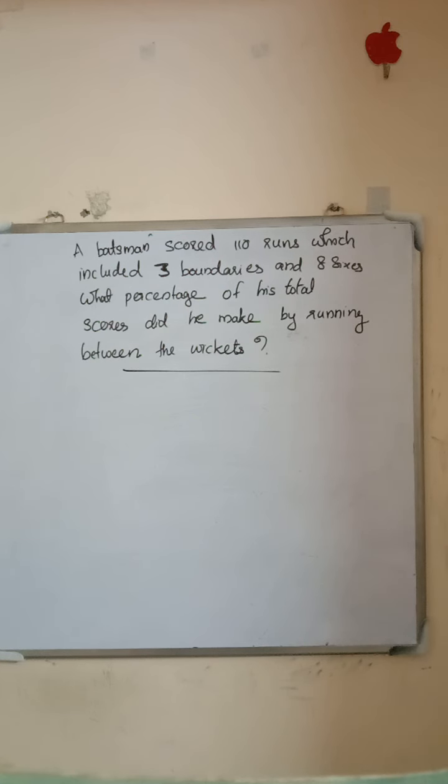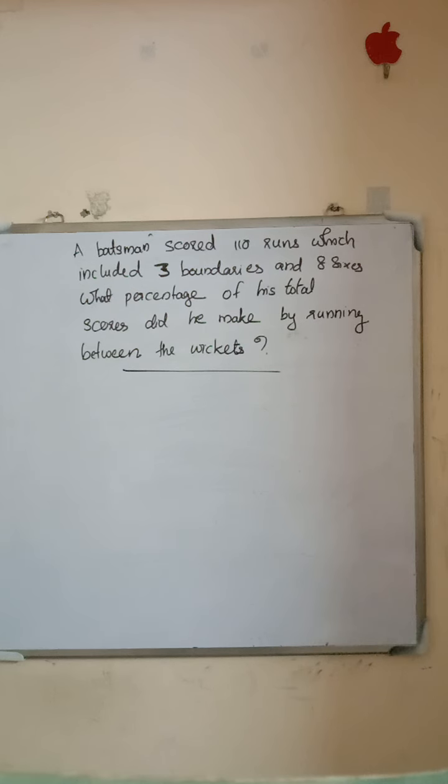Next problem. A batsman scored 110 runs which include 3 boundaries and 8 sixes. What percentage of his total score did he make by running between the wickets? Okay.